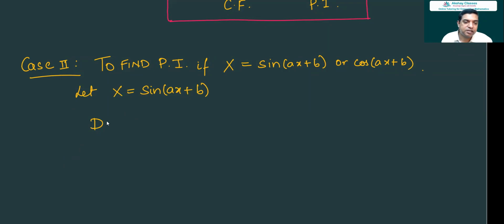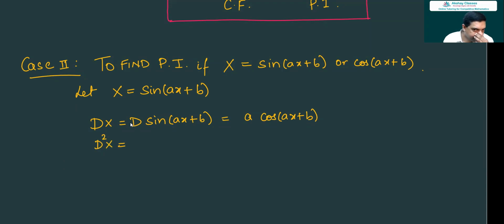What is D? That is D of sin(ax + b). The first derivative is a cos(ax + b). Then D², the derivative of cos is minus sine, so minus a² sin(ax + b).